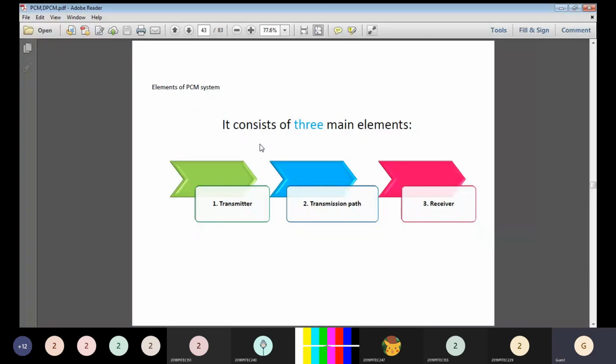The function of the transmission path is to simply convey the information which it received from the transmitter. Then a receiver is used to convey the information to the information sink.